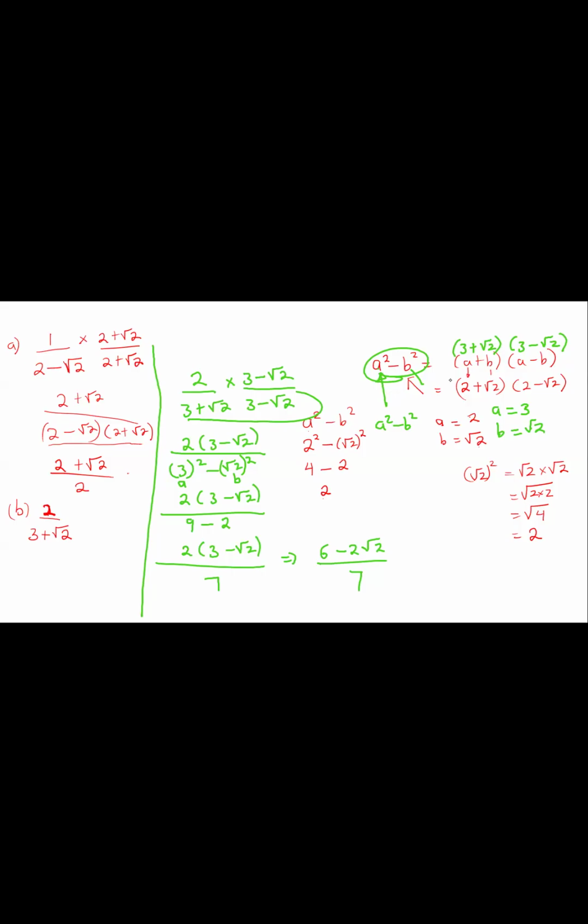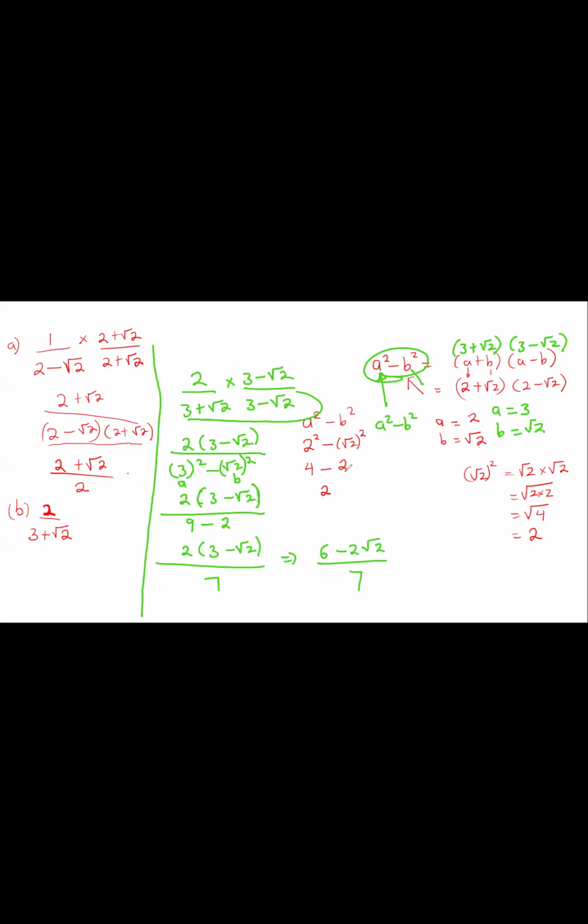Yes, Mulindwa? Teacher, I'm asking here. I see here you have said 6 minus 2 root of 2 out of 7. But here on our first line it was 2 bracket 3 minus root 2.